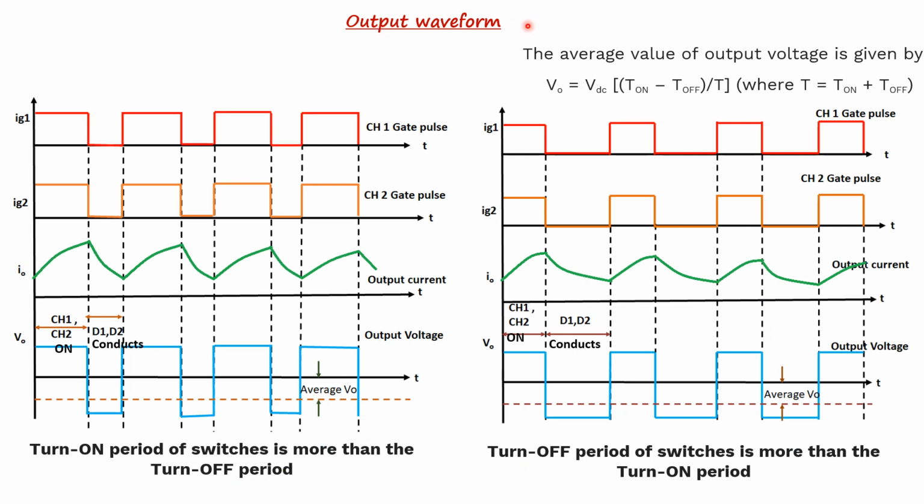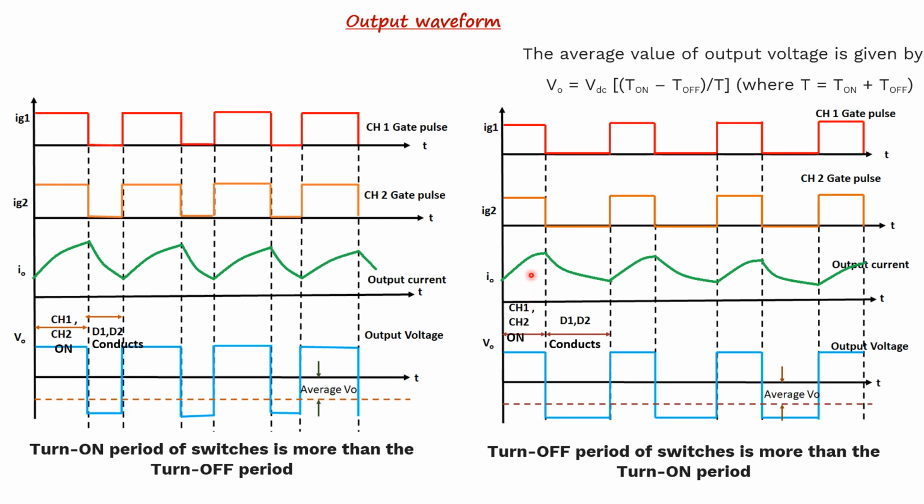This is the output waveform of class D chopper. You could see two cases. One is the turn on period of switches more than the turn off period. The other case is the turn off period of switches more than the turn on period. So we can see the second one. During the turn on period of chopper 1 and chopper 2, the output voltage becomes positive. So if you see the blue color line, the output voltage is positive.